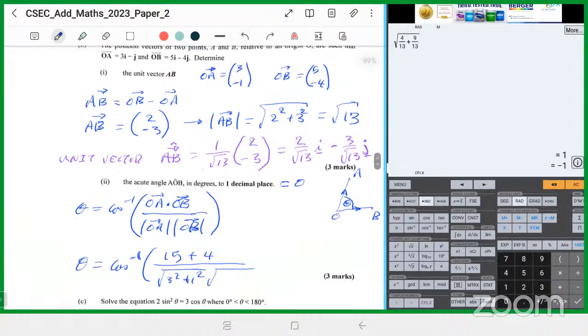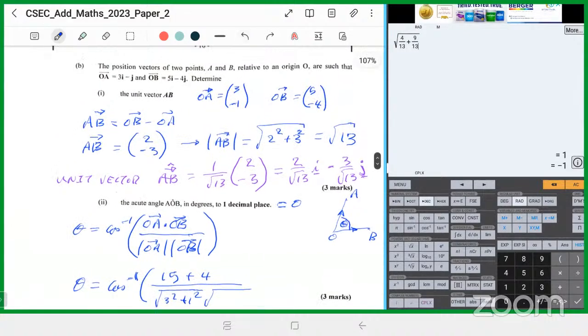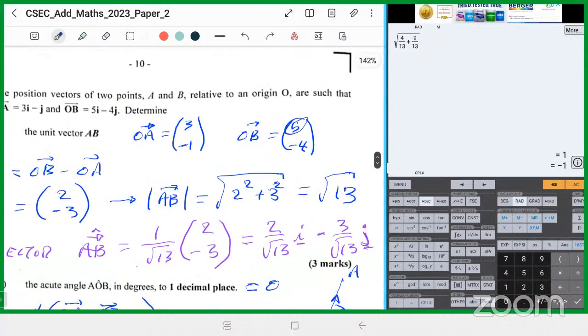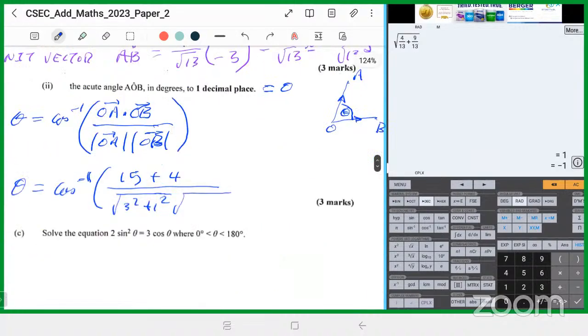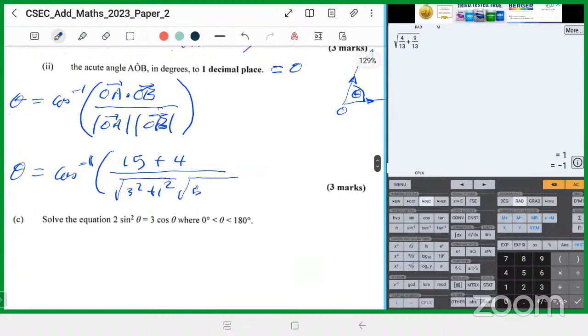Modulus of b is the modulus of this one. Square root of 5 squared plus 4 squared. So we need to put the minus. 5 squared plus 4 squared, and all of that is under the square root sign.